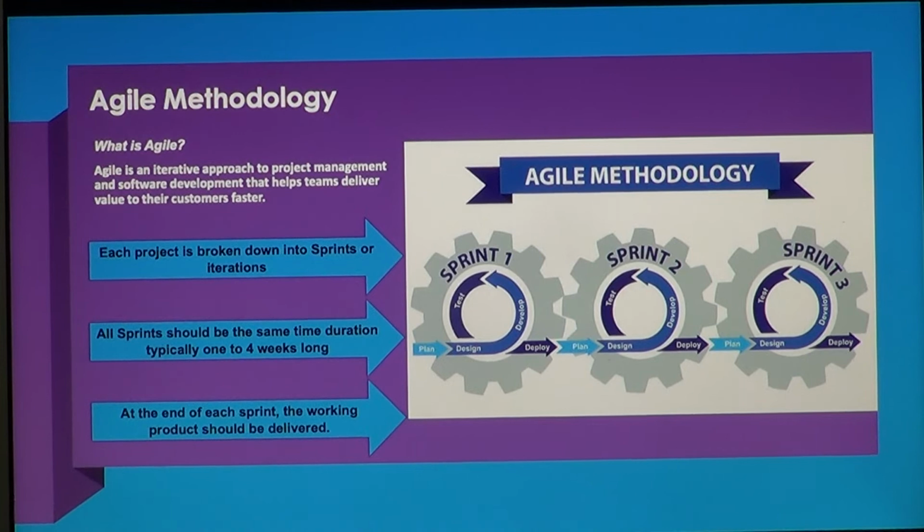If you get a project and you want to deliver it using Agile methodologies, you have to split it into different phases or different iterations: sprint 1, sprint 2, and sprint 3. This kind of approach is used by Agile methodologies.